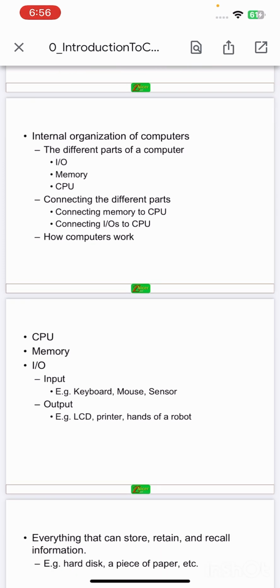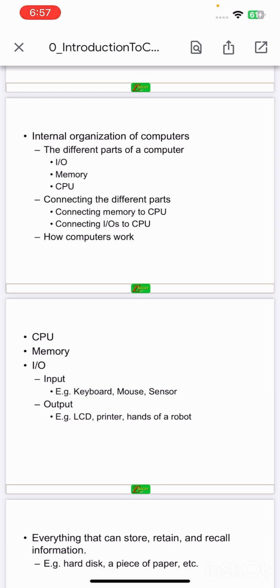This is CPU, memory, IO. First, we will explain what IO is. Input output. Basically, input is any device that we connect to the computer, which includes keyboard, mouse, sensors, and some other devices like our webcam and Bluetooth speakers.